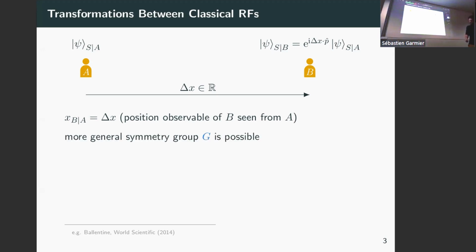Now, translations are not the end of the story, of course. Maybe Bob and Alice are related by a rotation, or there's some other abstract transformation between them, like using a different voltage in the lab, like the example we had before, or using a different phase for a laser. In general, the circumstances will tell us what kind of transformations we're really interested in, and these are the transformations that we need reference frames for.